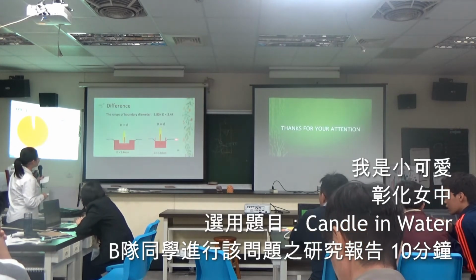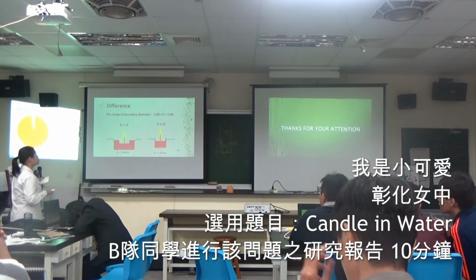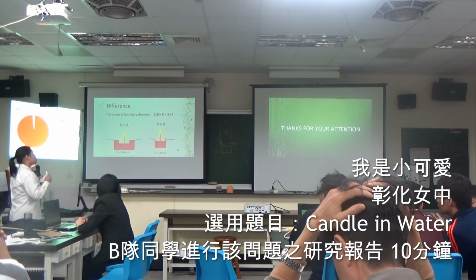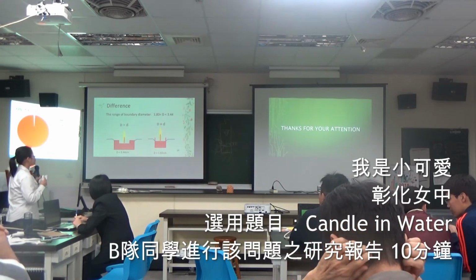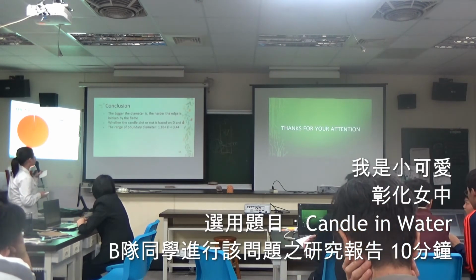And we can find that the range of the boundary diameter is 1.83 to 3.44 centimeters, and the candle won't sink in this range. And this is our conclusion.